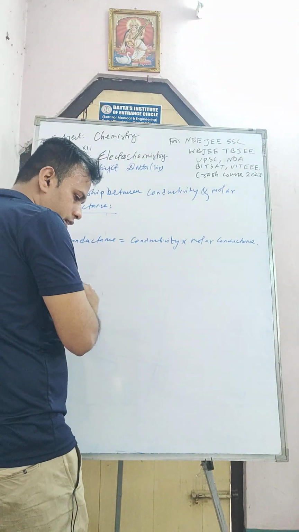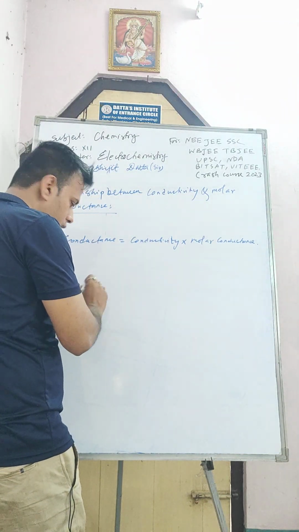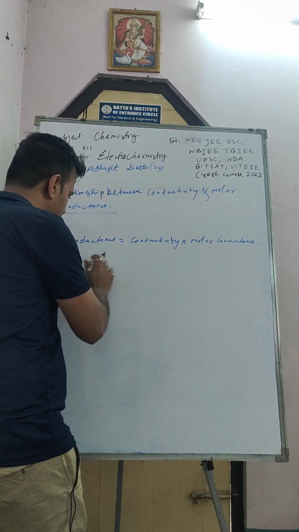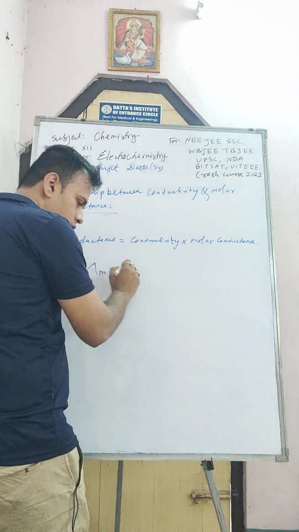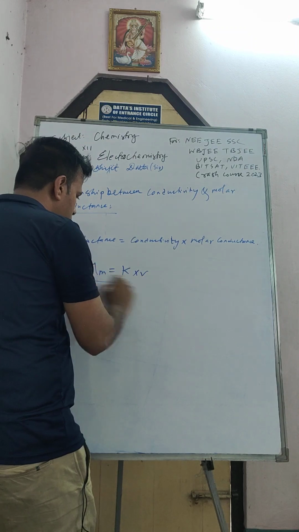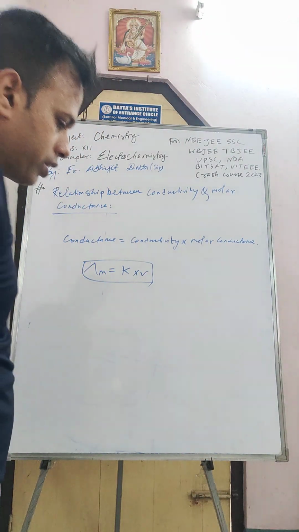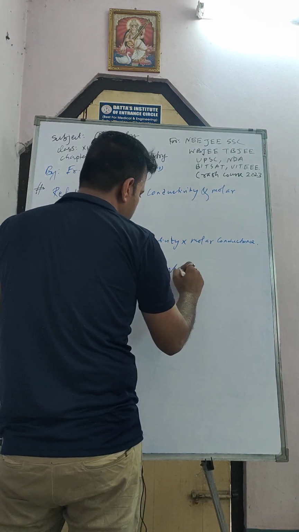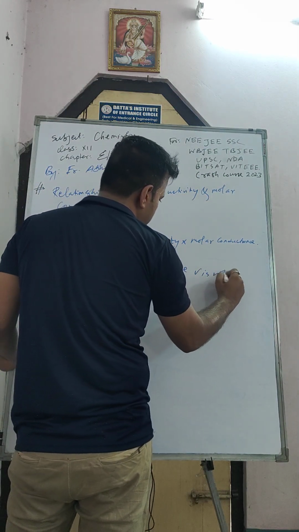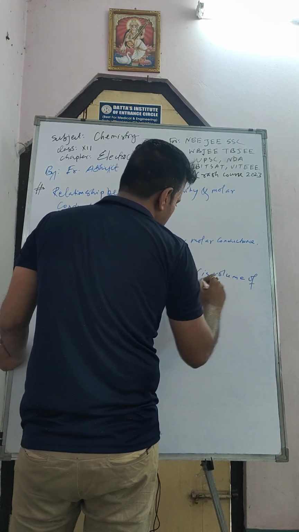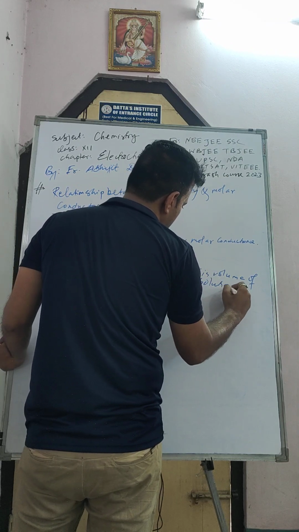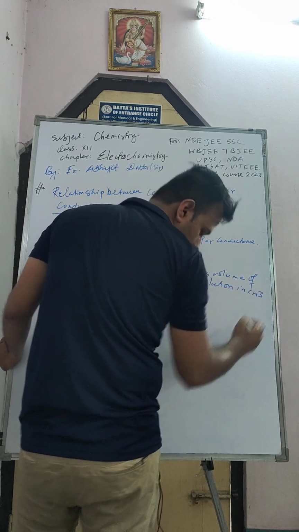Now we can say lambda m is equal to K into V. Here V is the volume of solution in centimeter cube.